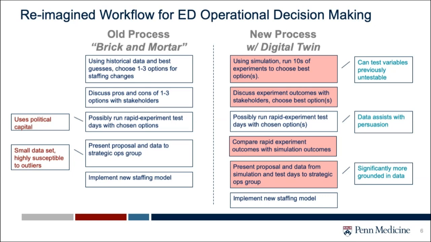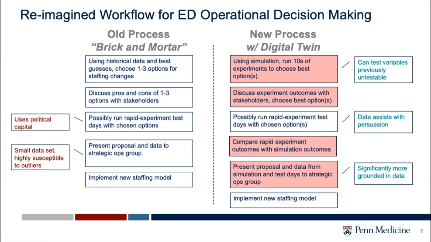So the old process mapped out here is that somebody like Keith would, using historical data and their best guesses, play with and interact with the data a lot and choose 1 to 3 options for staffing changes, talk about them with stakeholders, and then possibly use rapid experiment test days with the chosen options.